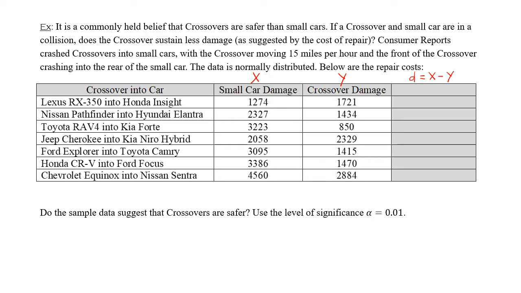So before we go any further, let's go through each of these and subtract X minus Y and fill in the differences here in this column. So let's see, 1274 minus 1721.